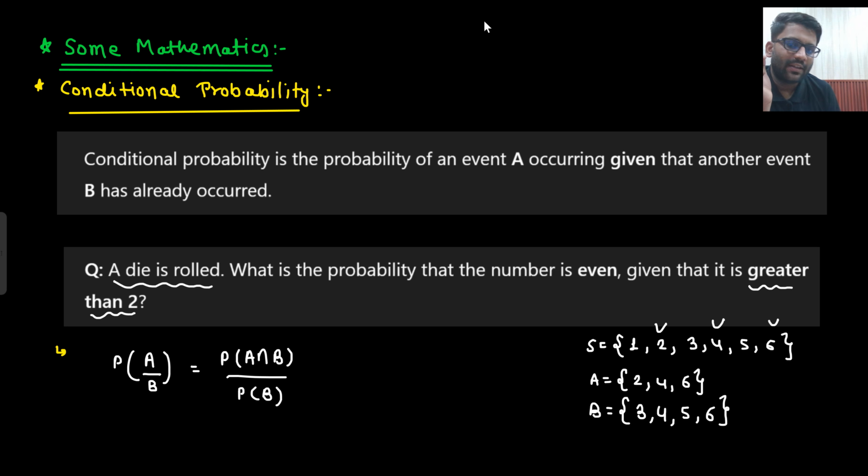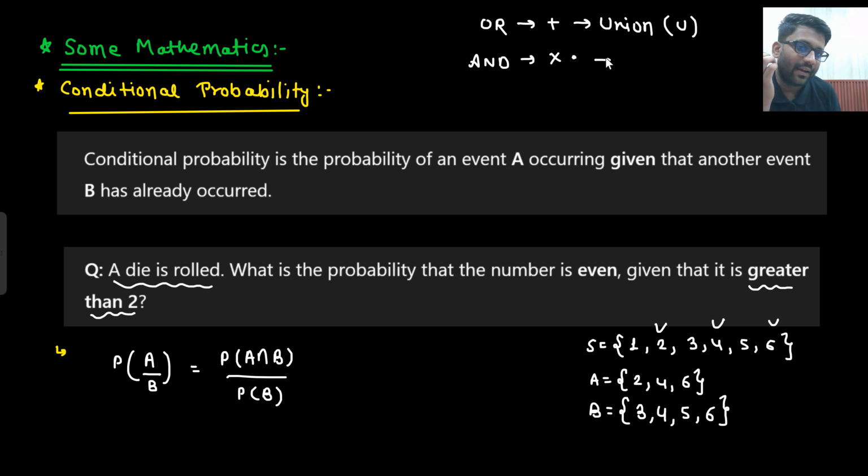So I said one thing, whenever I say OR, that means addition and that means union. What is union? This is the sign of union. I hope in set theory you have studied these basics. And whenever I say AND, that means multiplication, or you can show it by a dot.